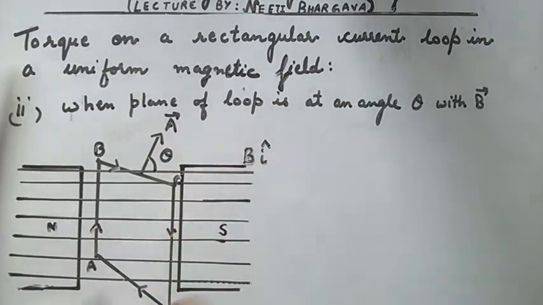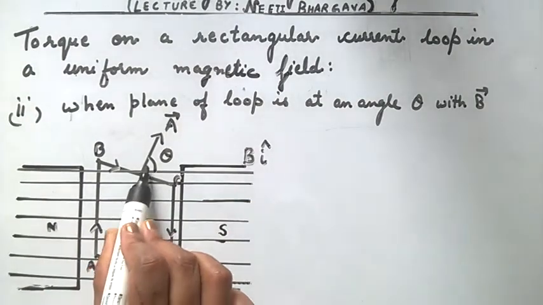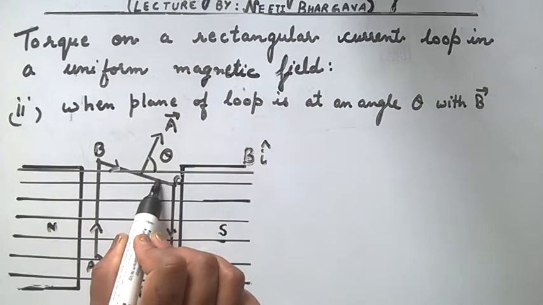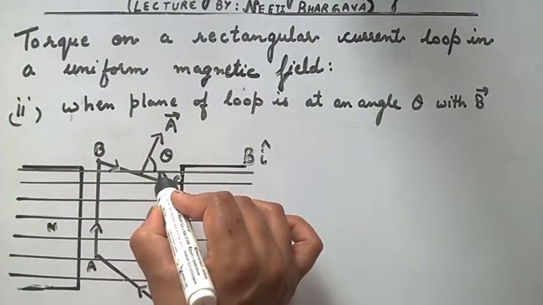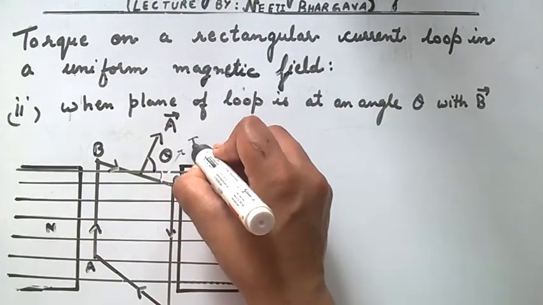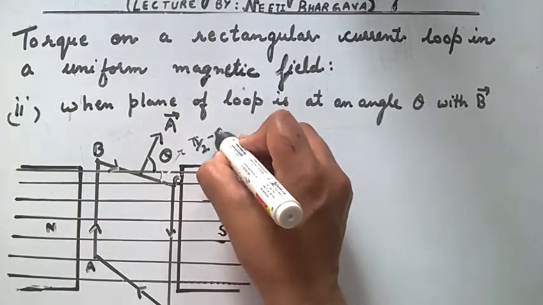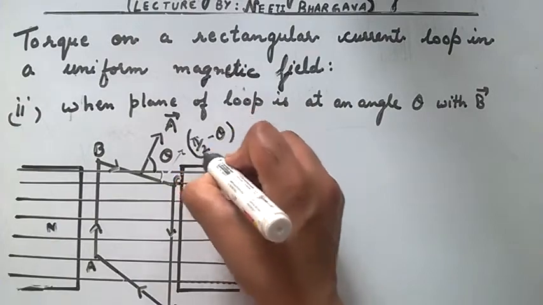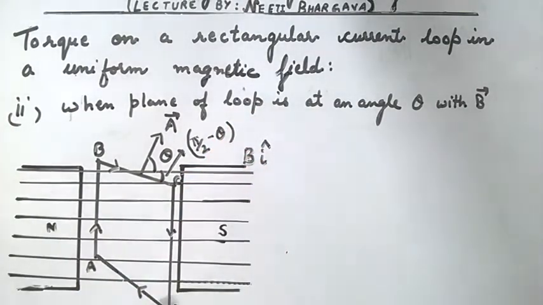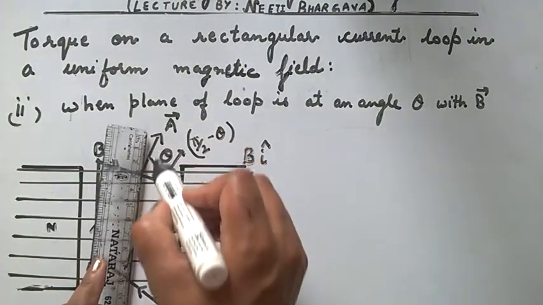So this angle is 90 minus theta, pi by 2 minus theta. This is the axis of rotation.